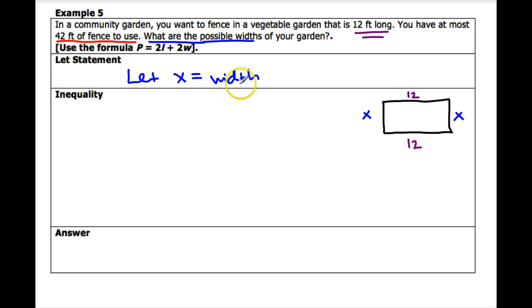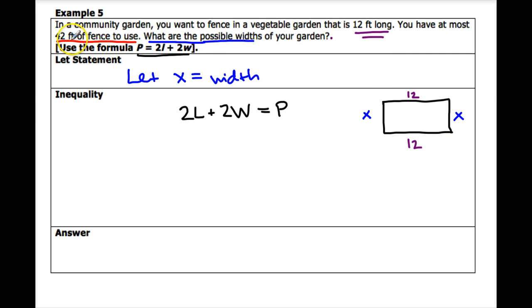Now we're going to take this formula that it gave us, P equals 2L plus 2W, and convert this formula into my inequality. So here's that formula again: 2L plus 2W equals P, the perimeter. Because we have 42 feet of fence to use, we know that's going to be our perimeter. The amount of material we have makes up all the edges of this rectangle.